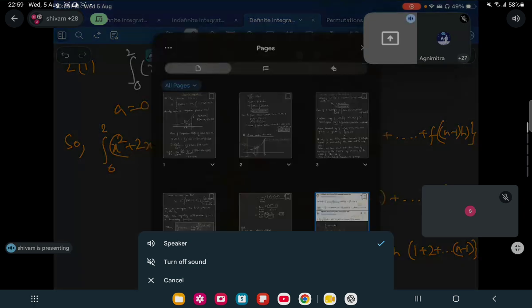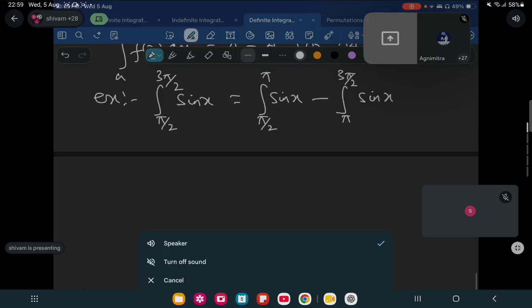Question number 2. Part 1: integral from 0 to pi by 4 of (sin x plus cos x) divided by (3 plus sin 2x) dx. Quickly solve.